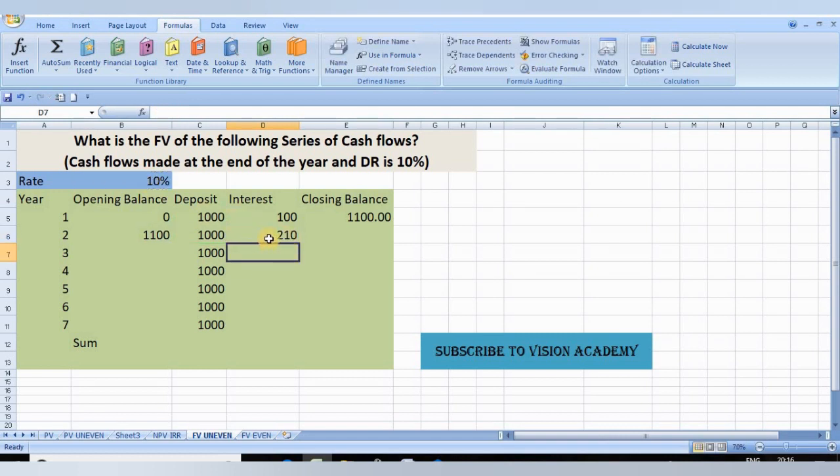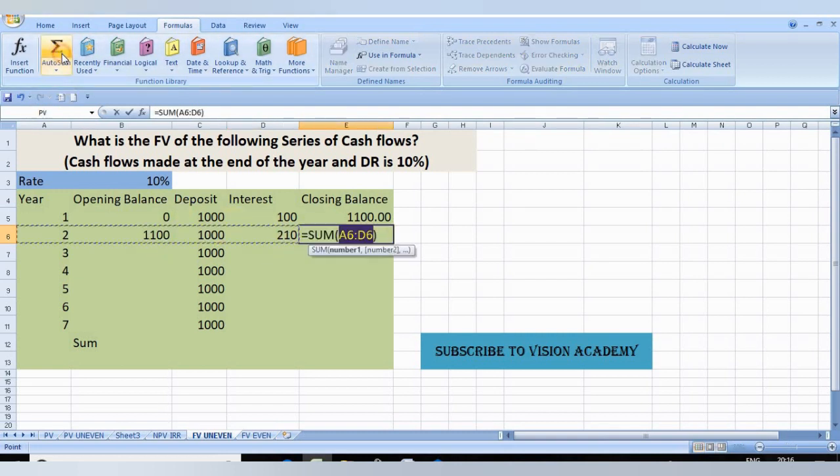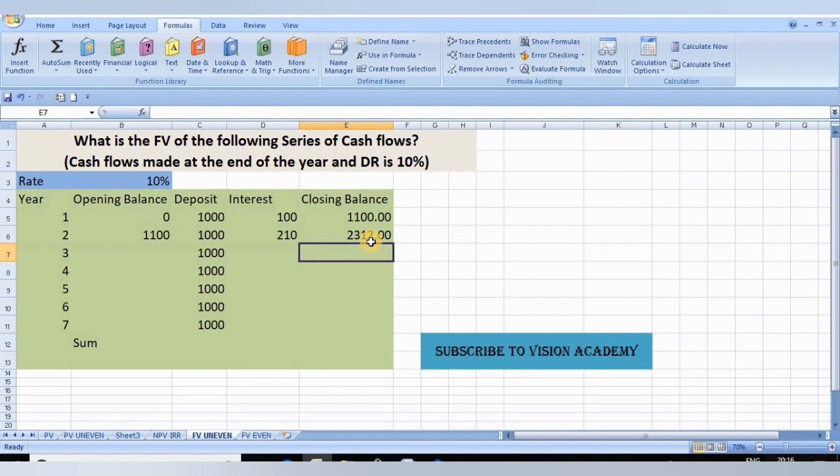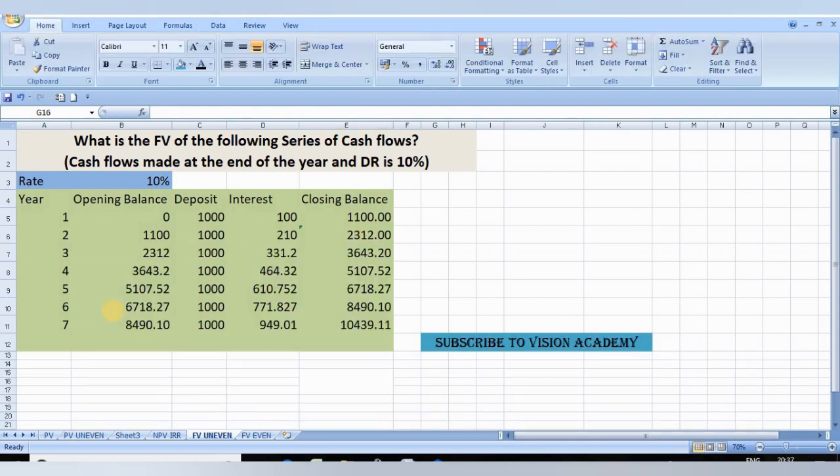So second year interest is 210 rupees, and closing balance for the second year is 2310 rupees. If you keep on calculating till the last year, dragging the cursor till the end of the year, you will get the desired result.